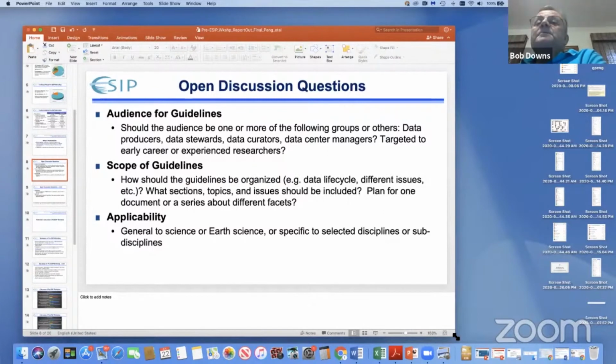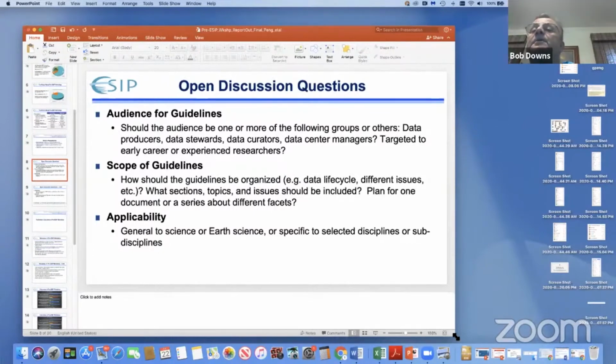And so that should certainly inform our thoughts about the scope of the guidelines. Likewise, seeing that a lot of people thought that the quality assessment framework should be both transparent and quantifiable also provides us with some insight in terms of how we might organize the guidelines, but also in terms of the types of sections, topics, and issues that are included in it.